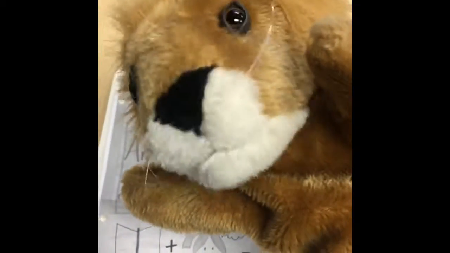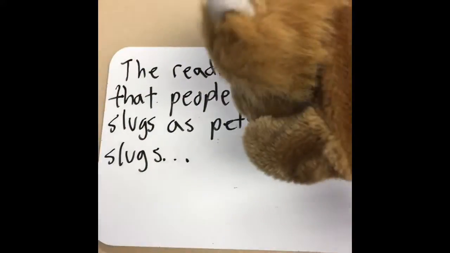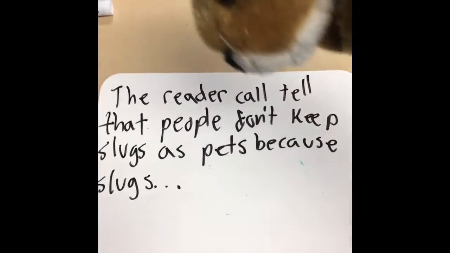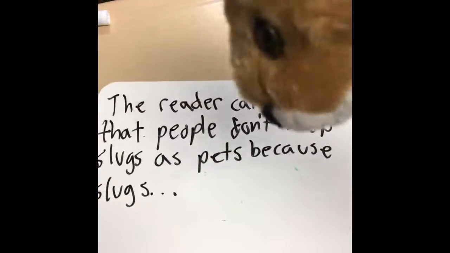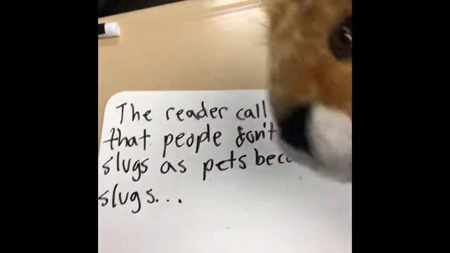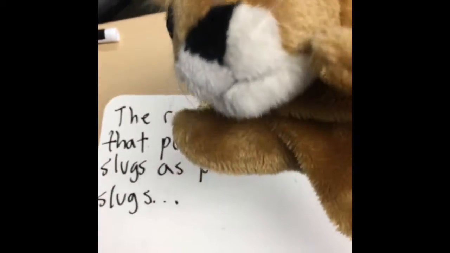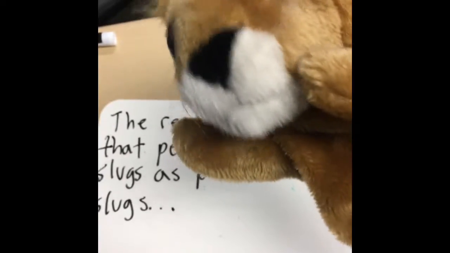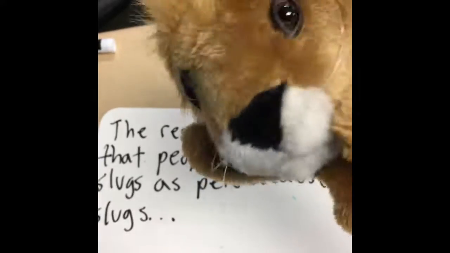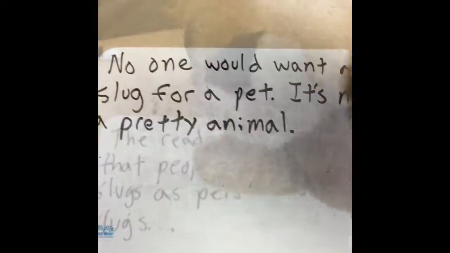Let's put this in practice and see what we can find. Okay, now we have a question here. It says, the reader can tell that people don't keep slugs as pets because slugs... The way this question is written tells me this is an inference question. So, let's look at the text where this question comes from.